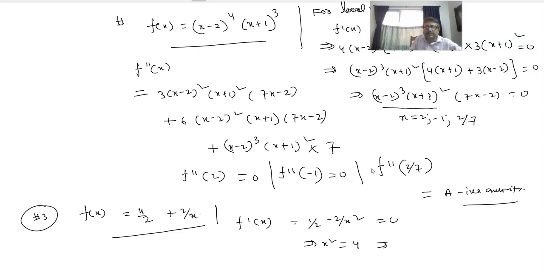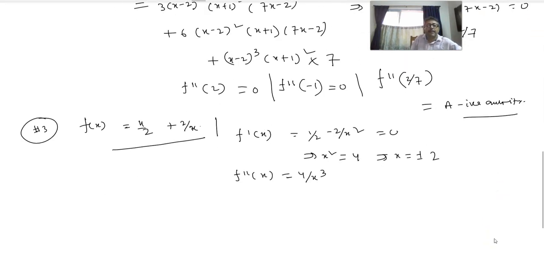Method is same. Always find the critical point first. Plus minus 2. Then you'll be getting f double dash x coming to be 4 by x cube.